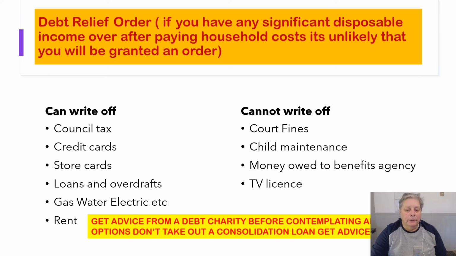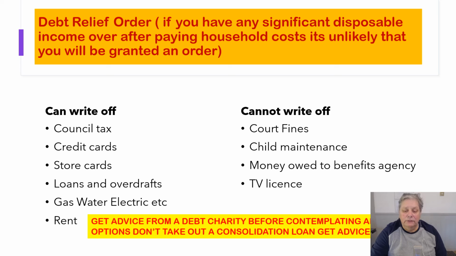What can a debt relief order write off? Council tax, credit cards, store cards, loans, overdrafts, gas, water, electric, rent, etc. It can't write off court fines, not court debt, court fines for drunken disorderly or vehicle offences where you've been required to pay a penalty of some description.